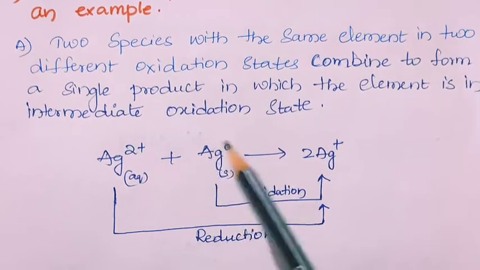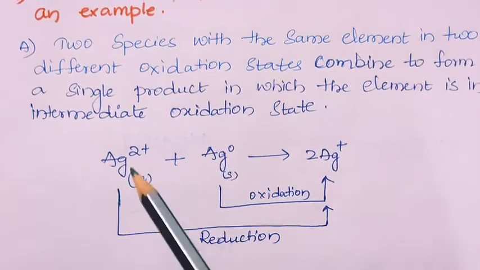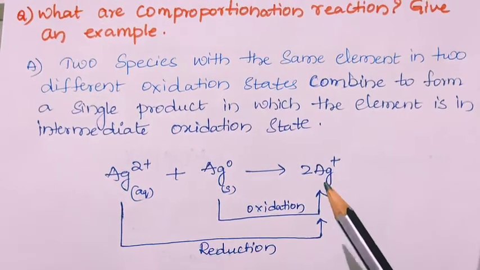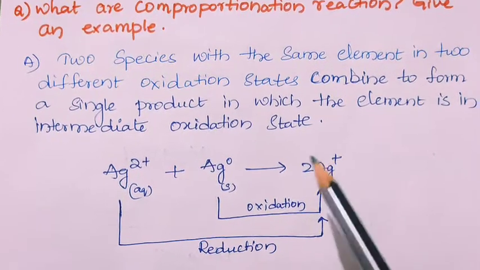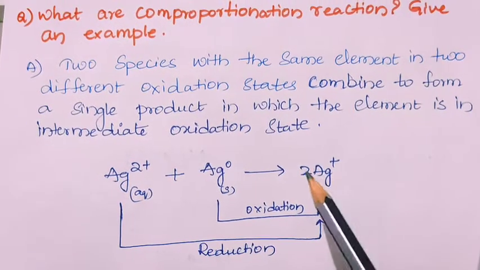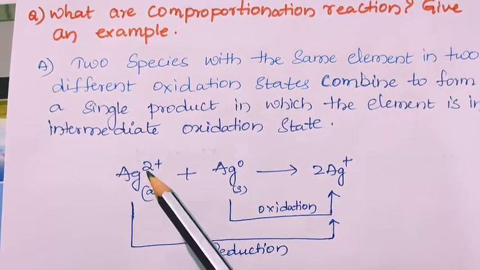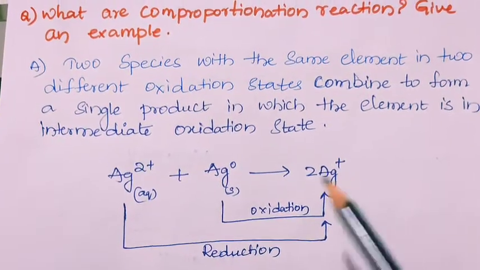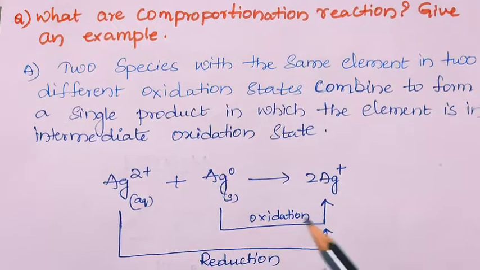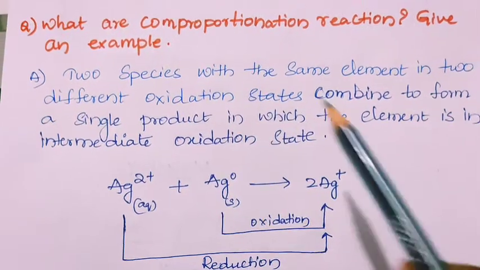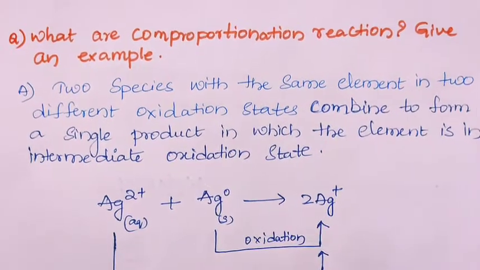Here it is +2 and here it is 0. They combine to form a single product in which the element is in an intermediate oxidation state. So here it is getting reduced from +2, and here oxidized from 0. So this is called a comproportionation reaction.